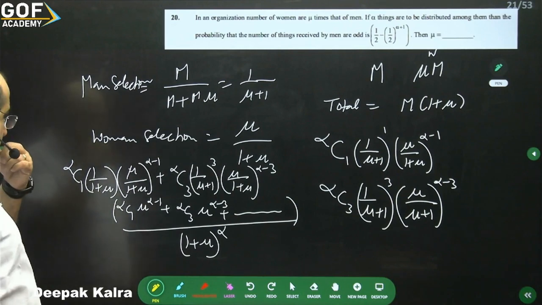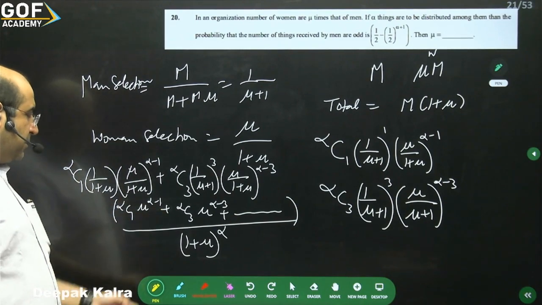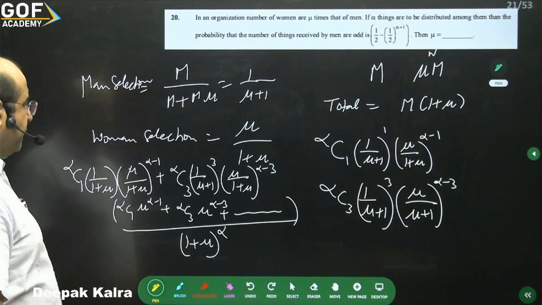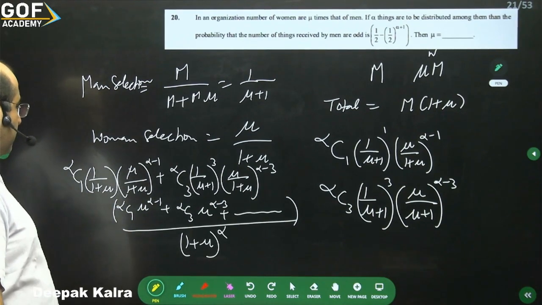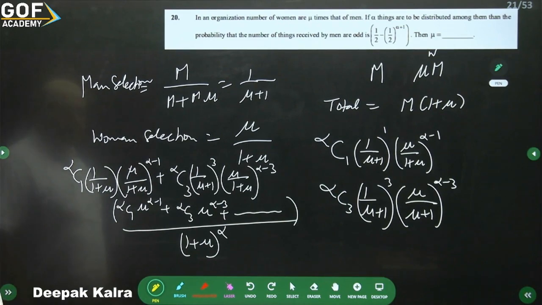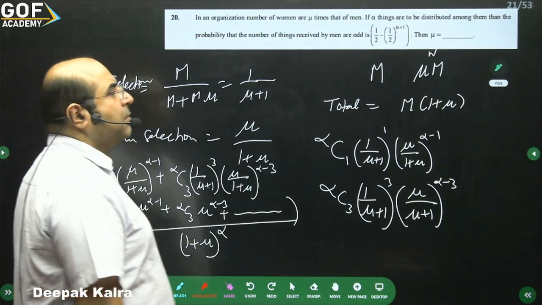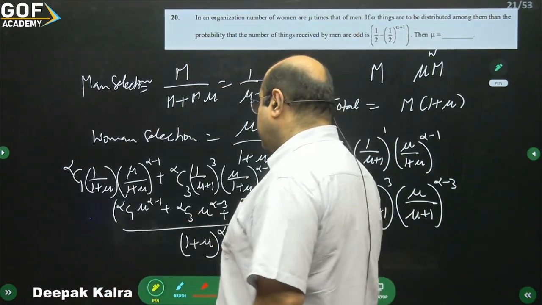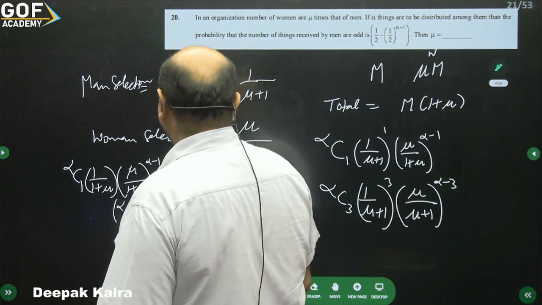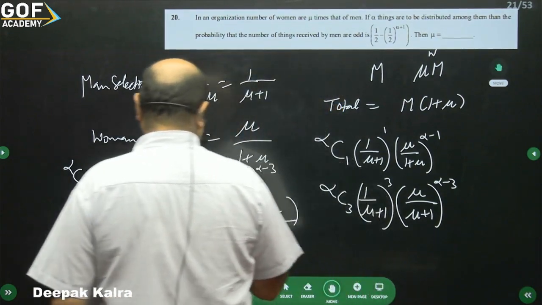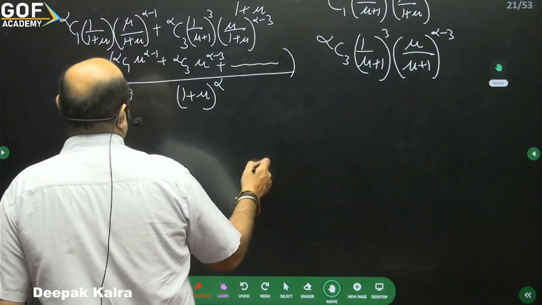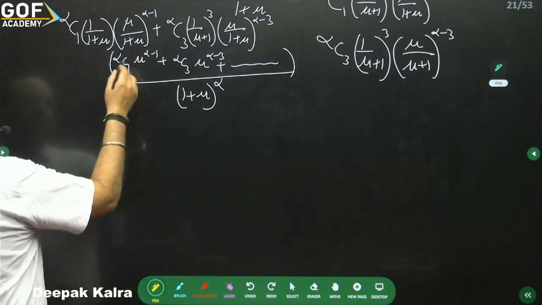And this is nothing but the odd coefficients of the binomial expansion. And for the odd binomial expansion, what was the formula? I guess if you know it. What was the formula for the even positions?